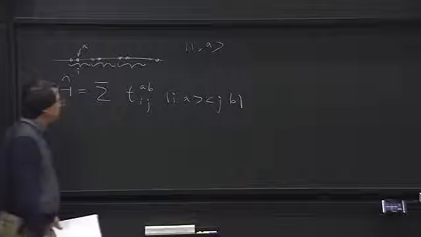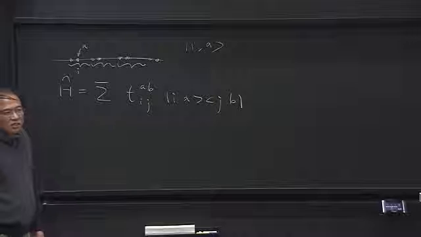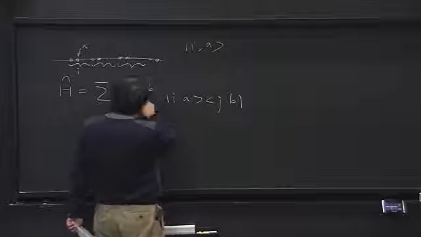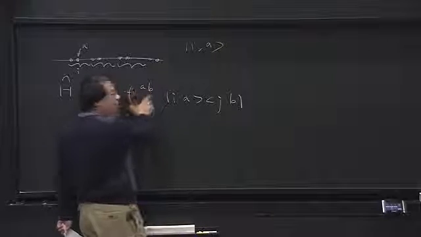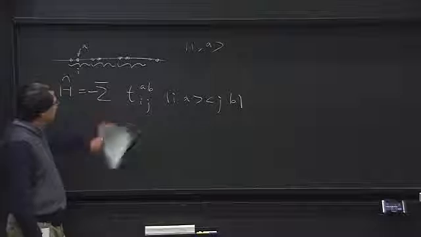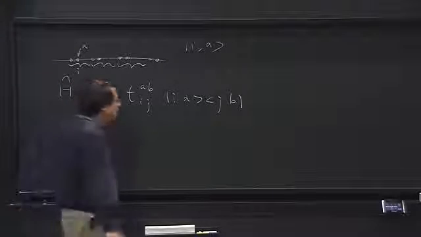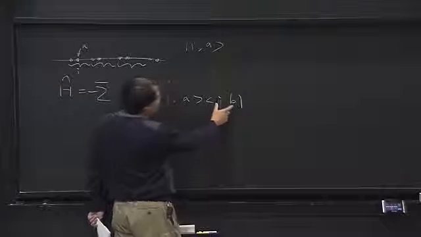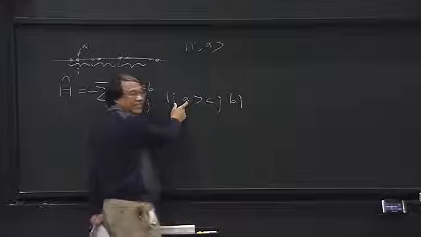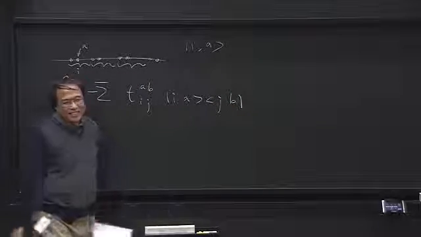That's it. The meaning is very simple. This T_AB^IJ is again hopping, a hopping amplitude, so it doesn't have dimensional energy. It hops from a site labeled by J and B to a site labeled by I and A, just like before.